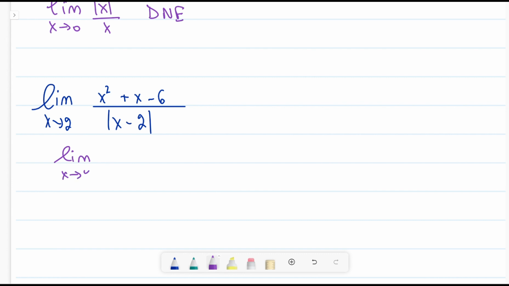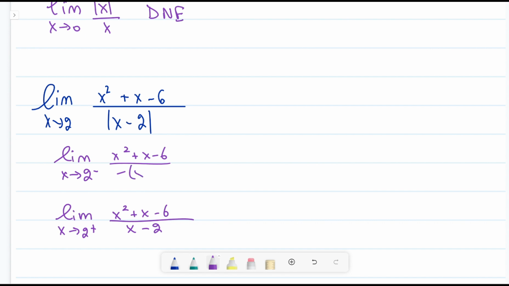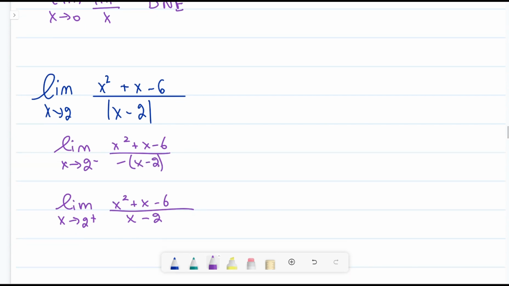We will take the left-hand sided limit first, and then we will take the right-hand sided limit. So now what should we put in the denominator? For the right-hand sided limit, as we did above in the previous example, we left the function the same. But for the left-hand sided limit, we took the negative of the function. Now let's work one by one.